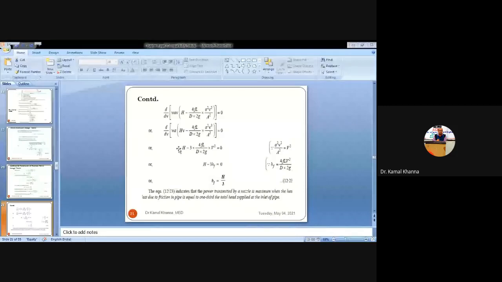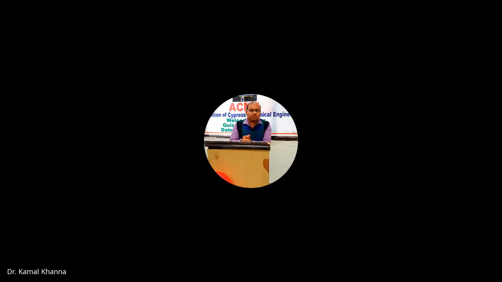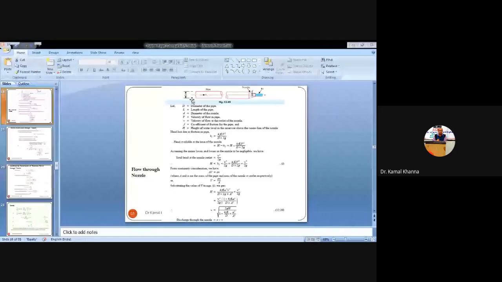If at the entry of the pipe the total head is capital H, and at the exit you are getting the total head as H by 3, or the loss of head in between in the pipe due to friction is equal to H by 3, that is one third of the total head, then you are getting the maximum power that is being transmitted using the nozzle.